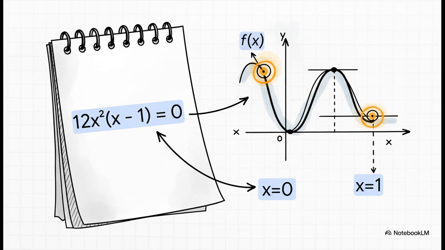Easy enough. We just set that derivative equal to 0. Looking at this, we can factor out a 12x^2, right? That leaves us with x minus 1 in the parentheses. And that gives us 2 spots where this thing is 0, at x equals 0 and at x equals 1. Now, super important check. Are both of these points inside our interval of -1 to 2? Yep, they are. So they're both valid critical points we need to test.